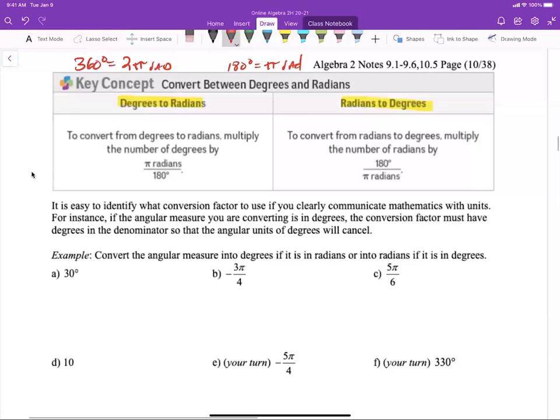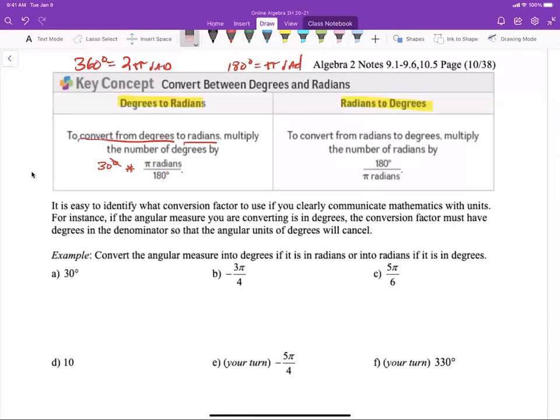If you're converting degrees to radians, for example 30 degrees, you would multiply it times the number of radians per degree. So you could use pi over 180 or 2 pi over 360, but notice that then the degrees will cancel and you will be left with units of radians.